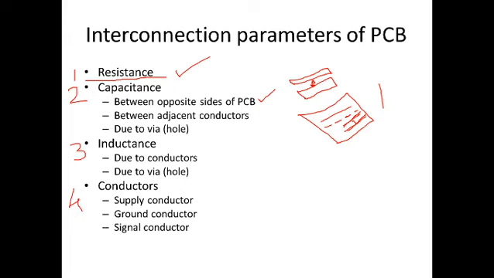These two traces will also work as a capacitor in your circuit, and there will be unwanted effects of the capacitor. Then vias, we have also seen there. Vias are also going to create a capacitive effect on the PCB.